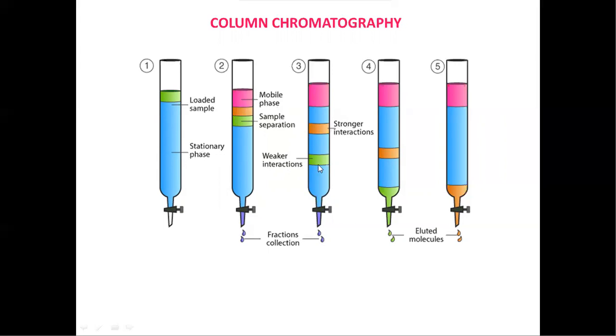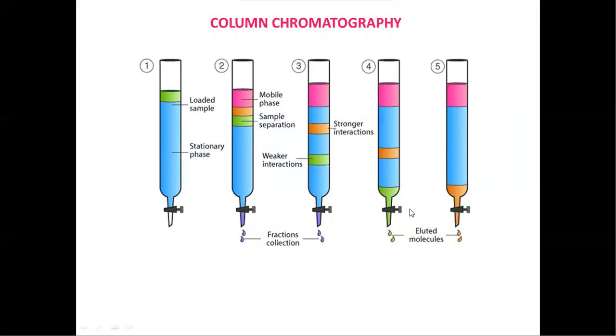Here, two color bands will be produced by adding the mobile phase. Why? Because the mobile phase is carrying the samples, and the mobile phase is also useful as a developing agent that develops the color bands. So here, the green color components will be separated first, and the orange color components will be separated second.